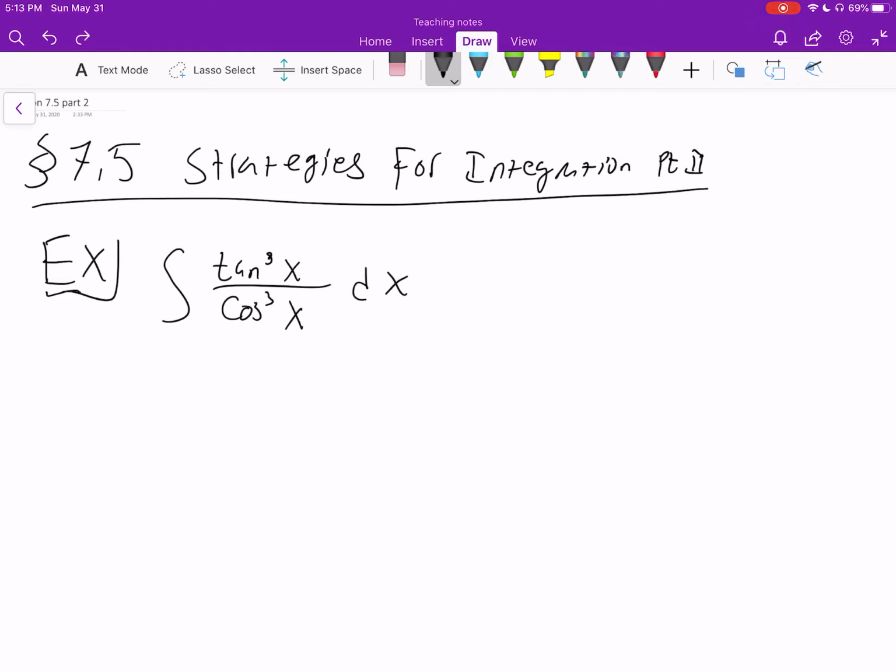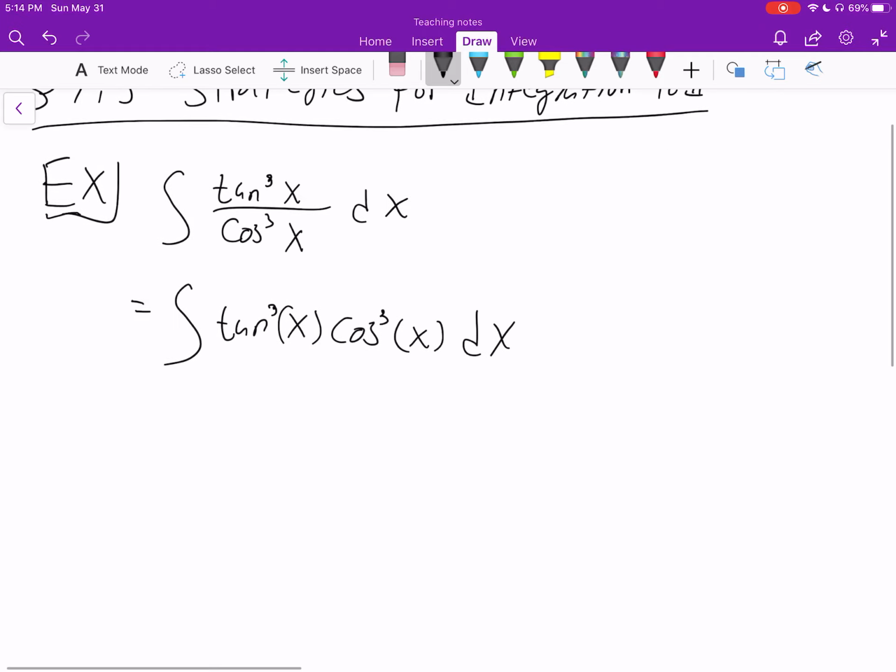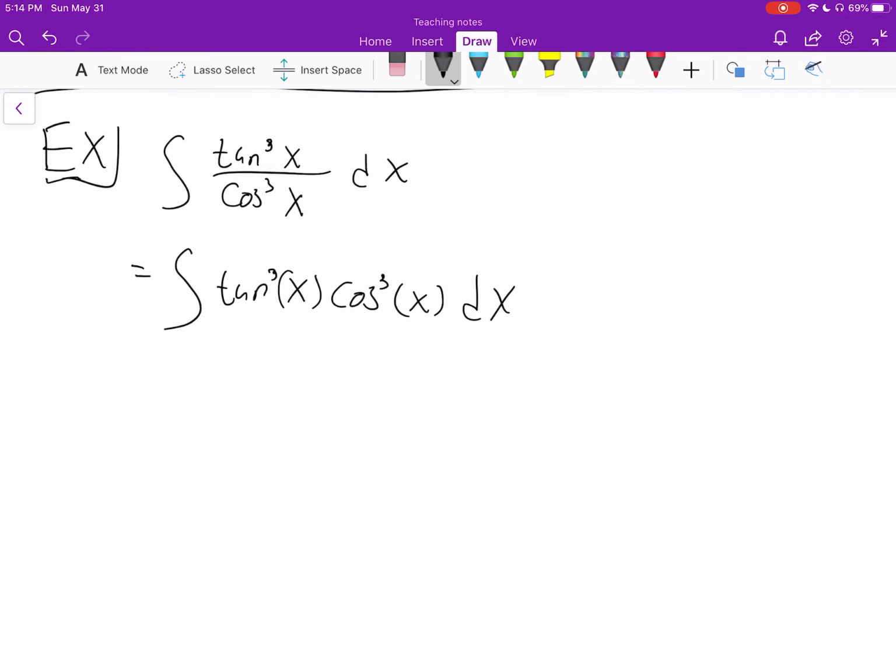Tangent and secant will go together, and cosine and sine will go together, because those are the kinds of u substitutions we do. So I don't want to do this in terms of tangent and cosine. I want to switch one of these. I'm going to write this as tan cubed x secant cubed x dx. Sorry, 1 over cosine is secant.